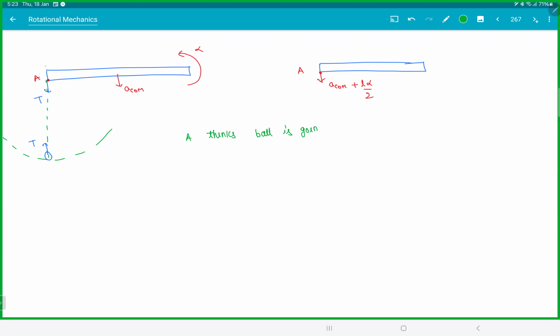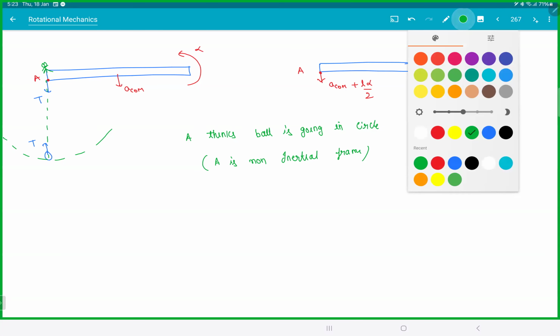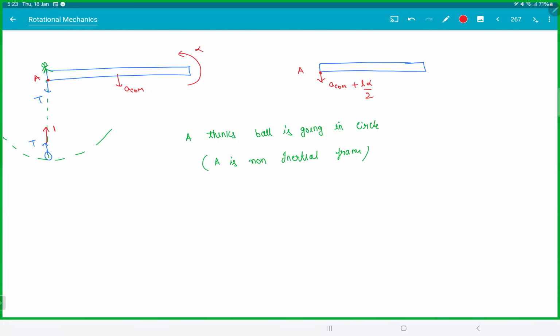That means our observer is standing on A. But A is a non-inertial frame. That means I have to use pseudo force. So what is the pseudo force? Mass of the body into acceleration of A in the opposite direction.